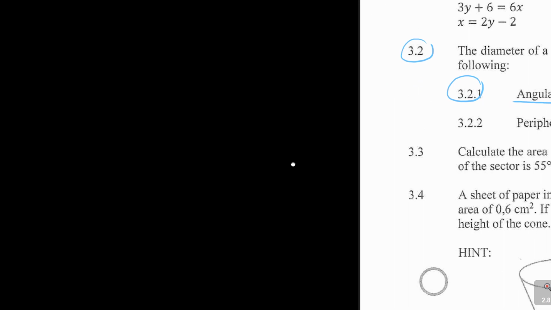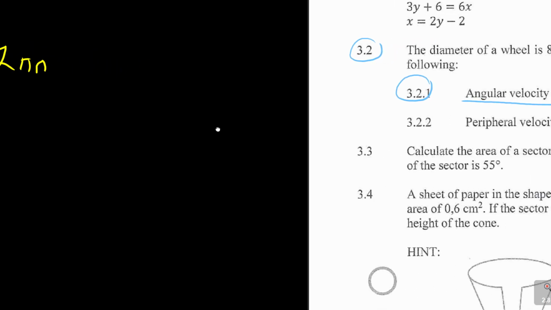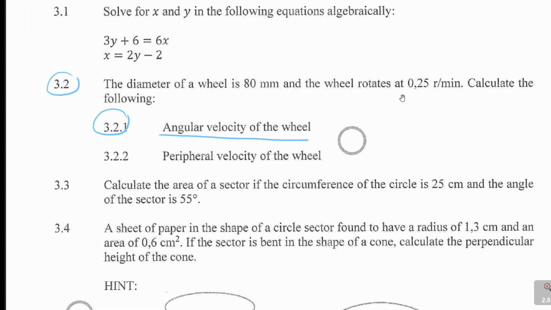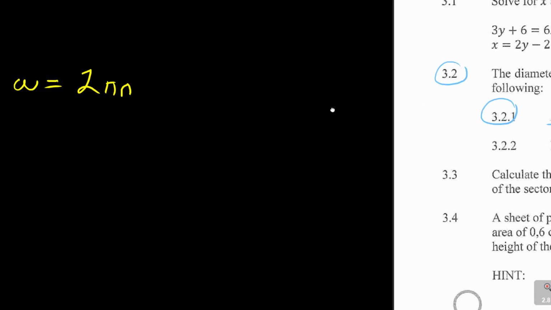Angular velocity is equal to 2πn. But now we know the diameter of the wheel is 80 millimeters and the wheel rotates at 0.25 r per minute. So n is equal to 0.25 r per minute.